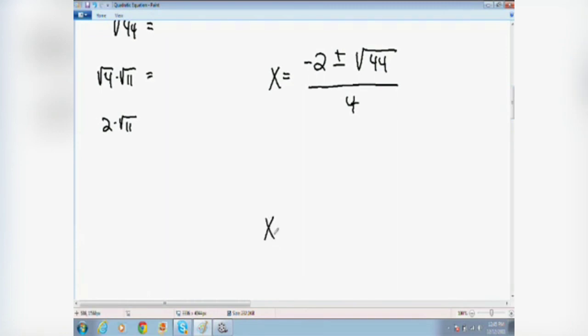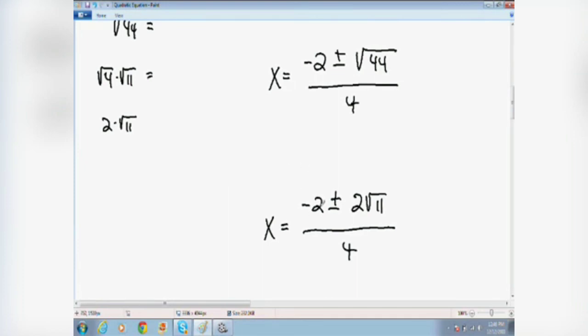So now I'm going to rewrite this equation as -2 plus or minus, instead of writing the square root of 44, I'm going to write 2 times the square root of 11, all divided by 4. And last but not least, we have to move on to our last step, and we have to check if all the terms have something in common. So we have 3 terms.